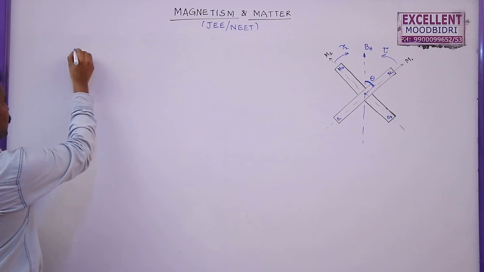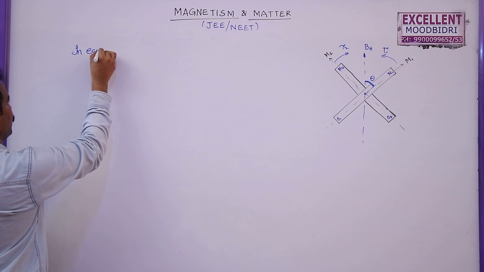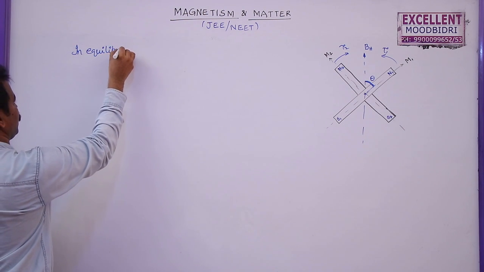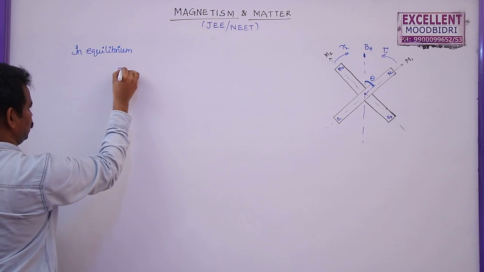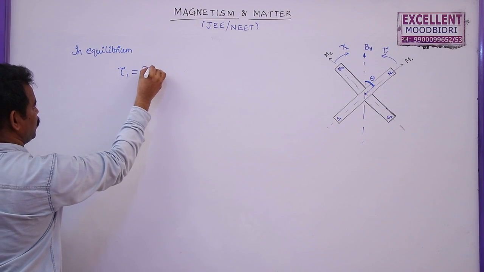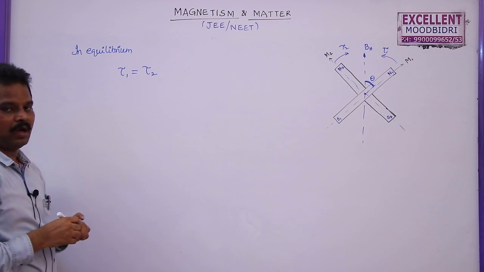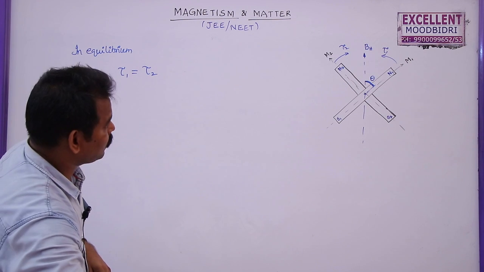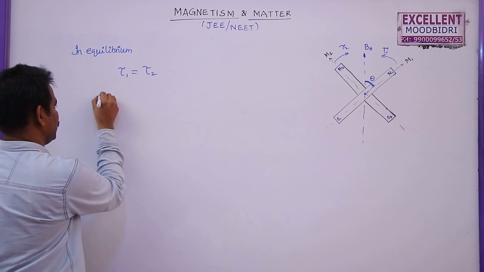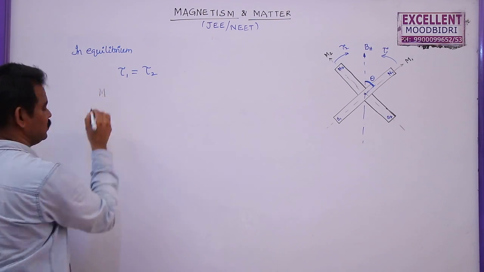In equilibrium, the torque experienced by the first bar magnet is equal to the torque experienced by the second bar magnet. What is the torque equation? It is given by mB sin theta.